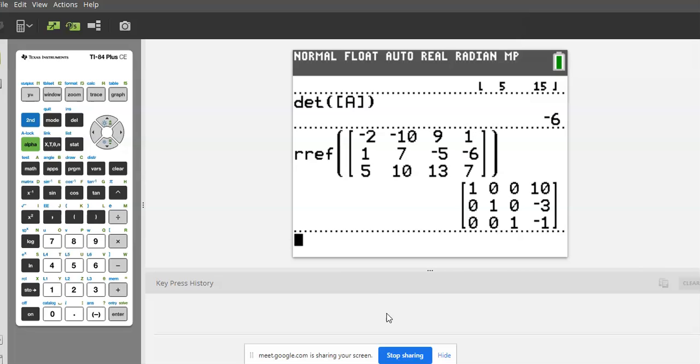Okay, do you see a calculator? No. Okay, I'll keep trying. Here it comes. Do you see it now? Yeah, all right. Okay, everybody, let's talk about matrices.